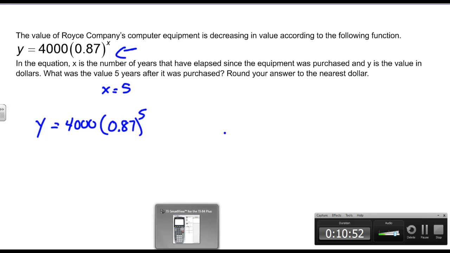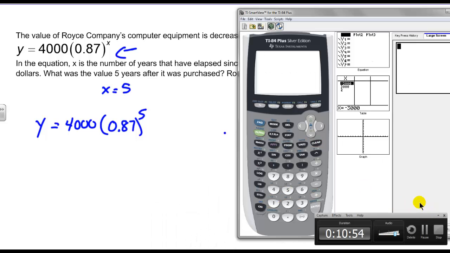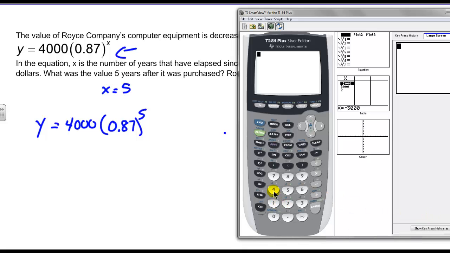And we'll have the following. I take 4,000 times 0.87, close parentheses, raised to the, here's the power button, 5th power.